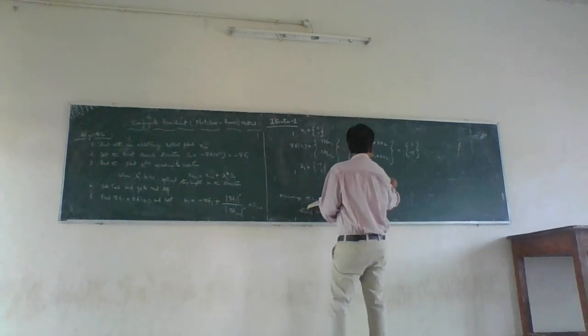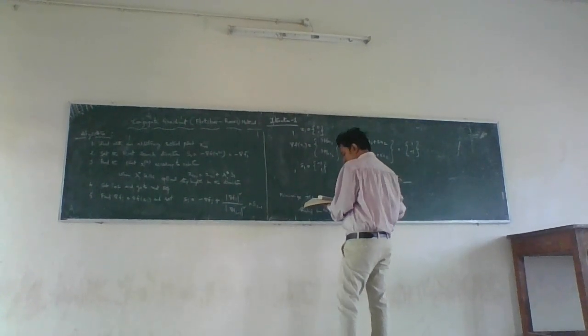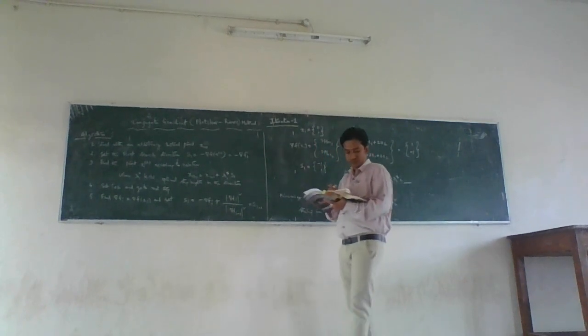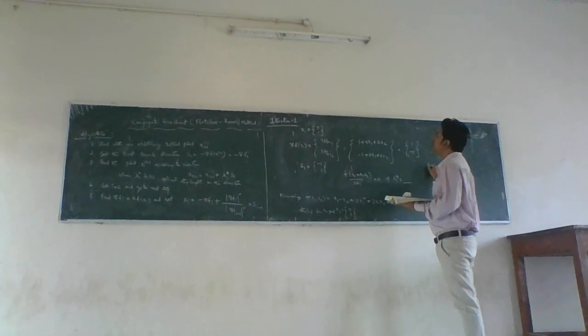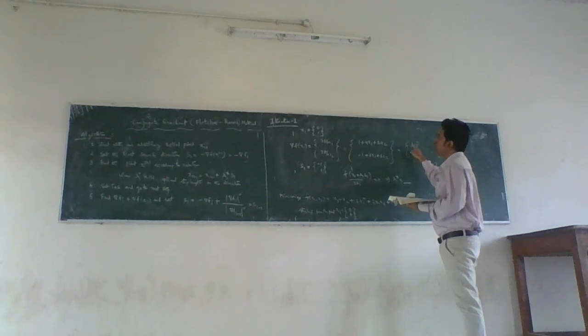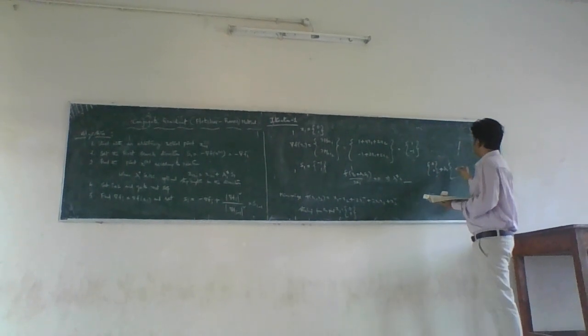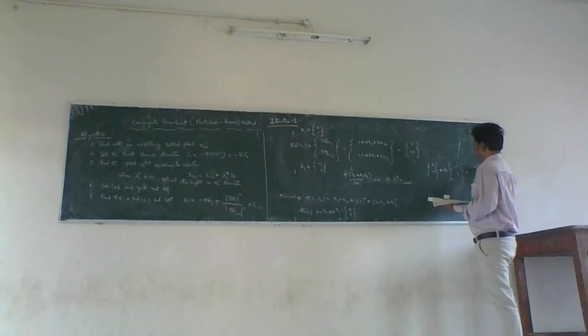Then only we will get lambda 1 star. So what is x1 plus lambda S1? x1 is 0, 0 plus lambda 1 times S1. What is S1? Minus 1, 1.